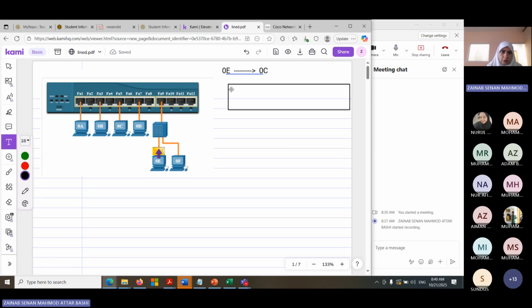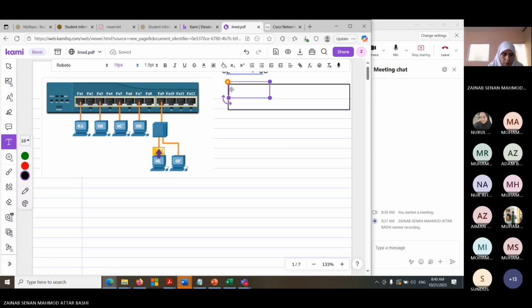We will have 0C as the destination MAC, and then we will have the MAC for the source. Then we have the IP for the destination, and then the IP for the source.